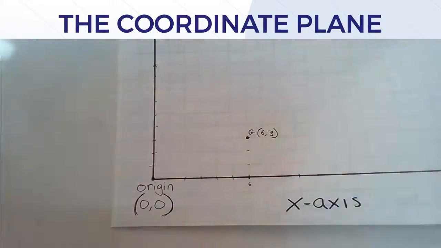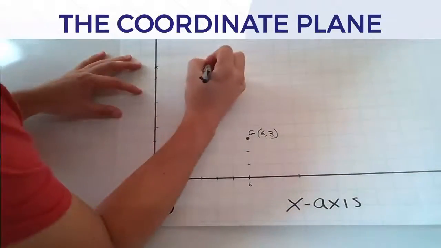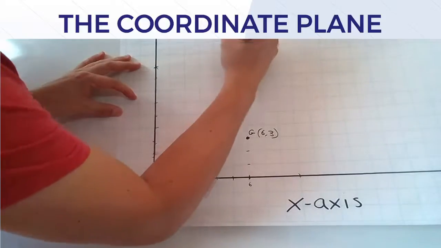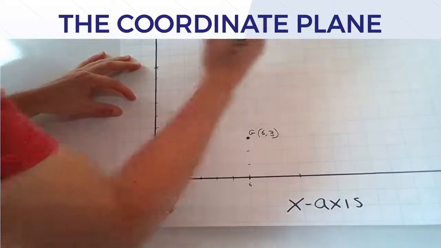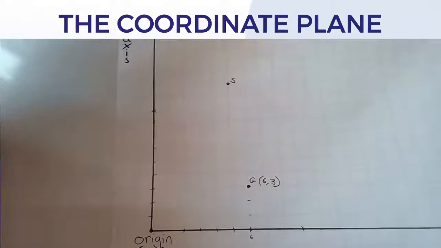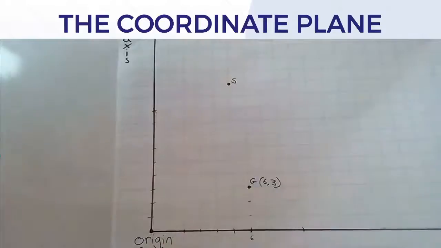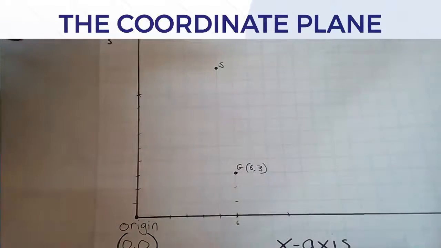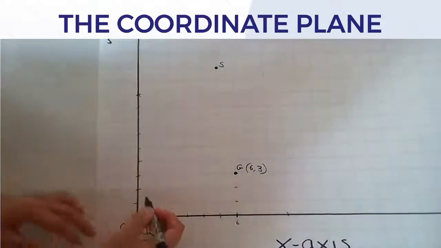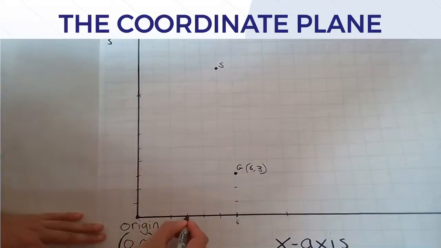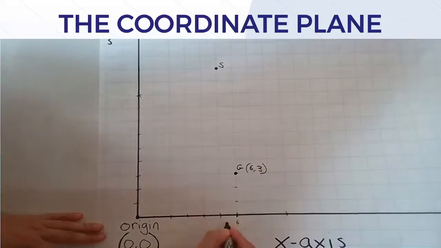Okay, let's try another one. Let's say we're going to call this S for school, way up here. So how many blocks do we need to go over? How many blocks do we need to go up? Going over, 1, 2, 3, 4, 5.